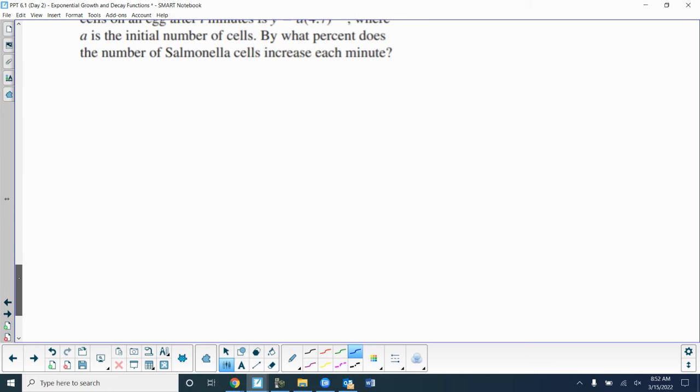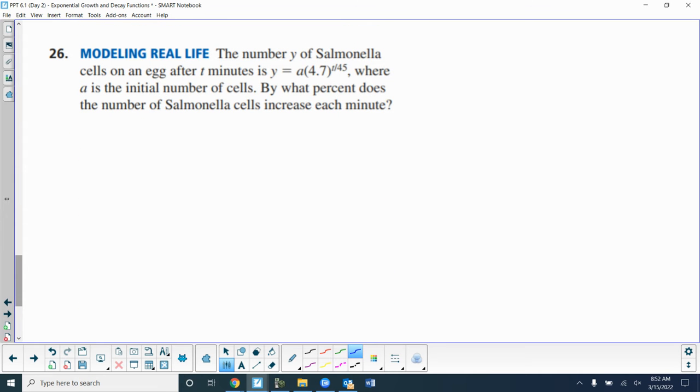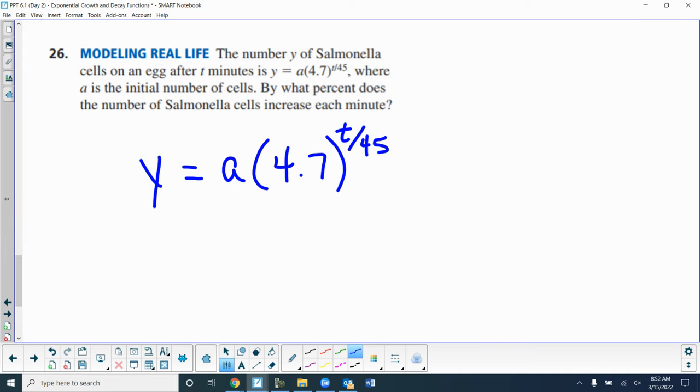All right. 26. It says the number Y of salmonella eggs on an egg after T minutes is this equation. So, using the T over 45 exponent is kind of a pain, all right?